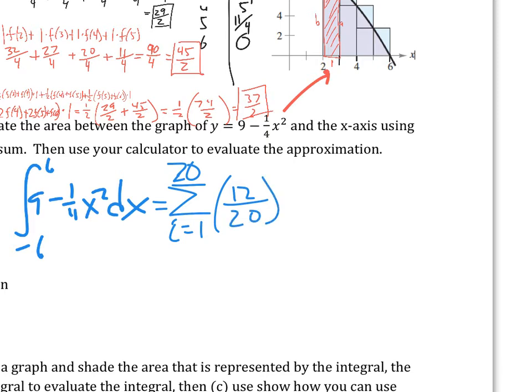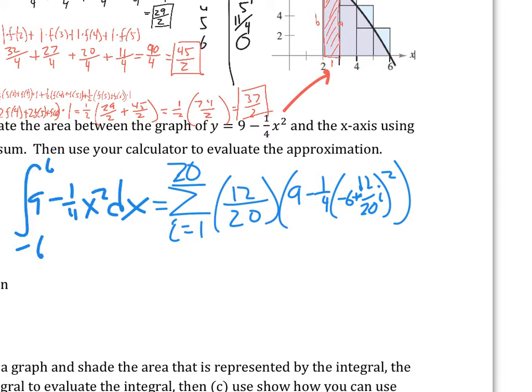So that's the width of each rectangle. And then we need f(x), which is 9 minus 1/4 x squared. But the x is starting at negative 6 and going by increments of 12/20ths. And we need an i there. All right? So, kind of ugly there.